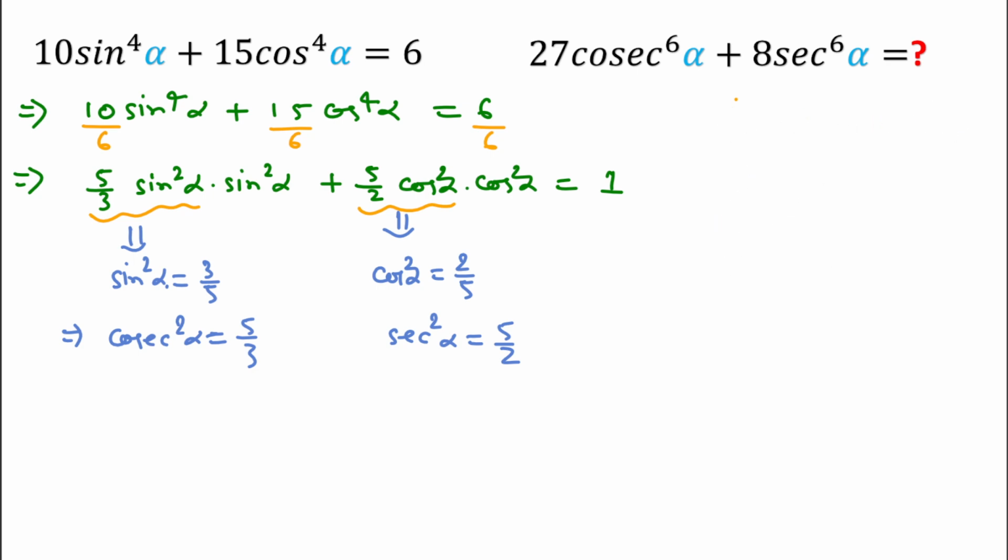if we are able to put the values here, that is in place of 27, cosec 6α can be written as cosec²α to the power 3, and 8 into sec 6α can be written as sec²α to the power 3.